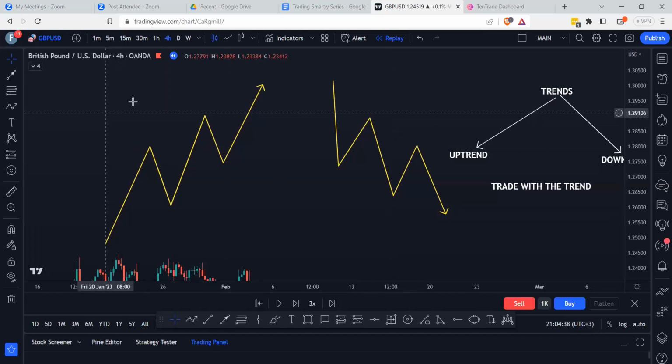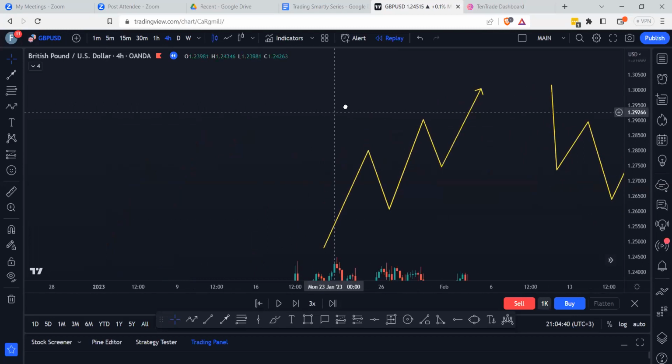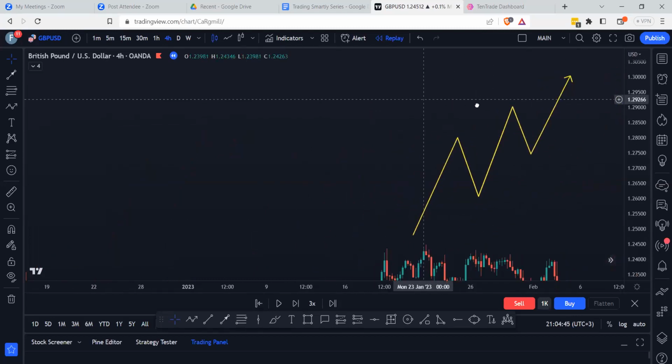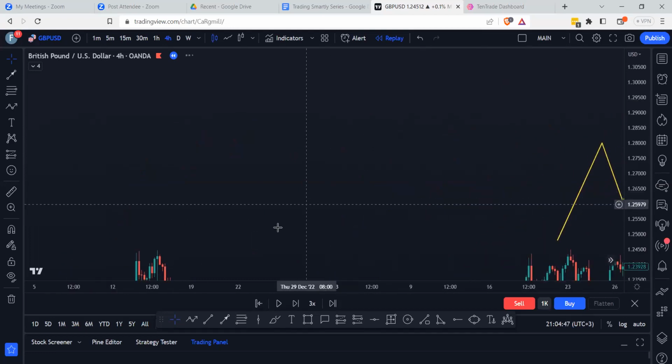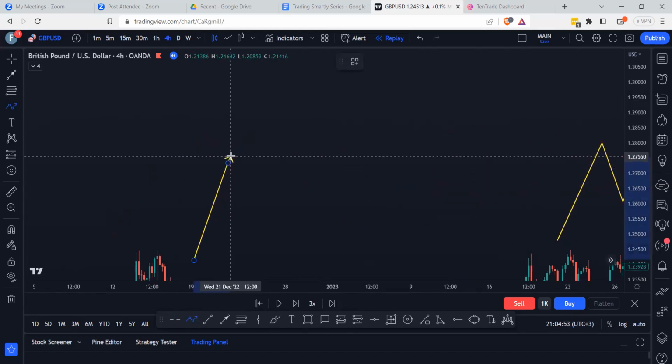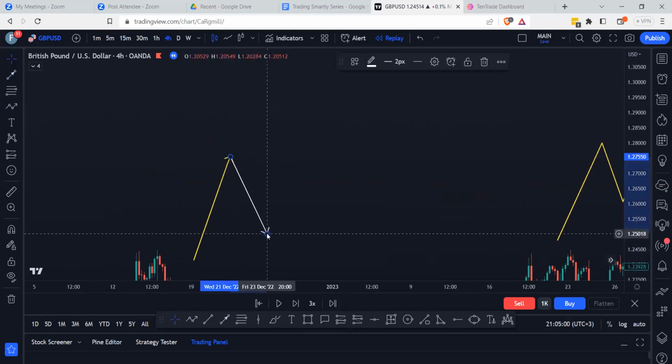So let's take this under the microscope and talk about some parts, or the anatomy, of a trend. For an uptrend, we have this, we have the move up, all right? And then you have a move down like so.